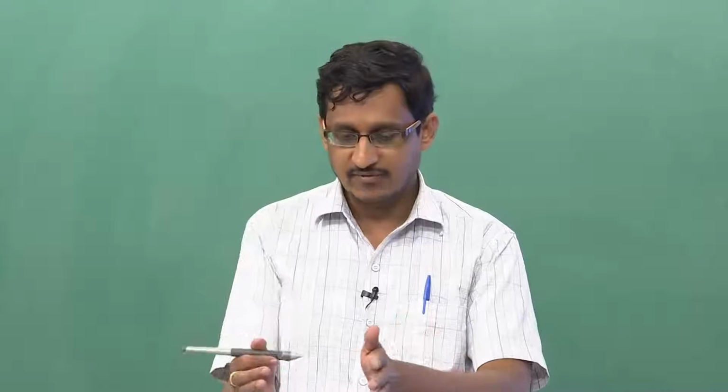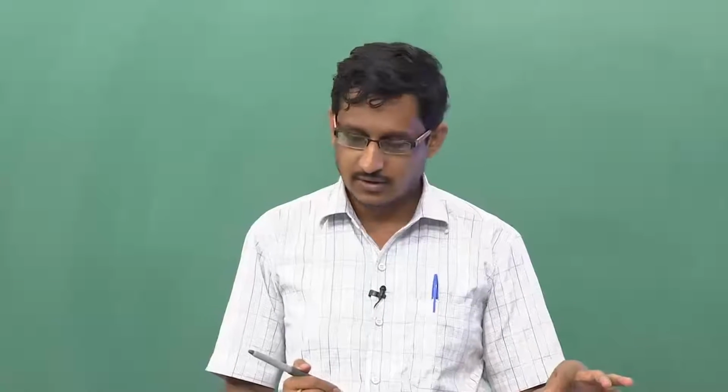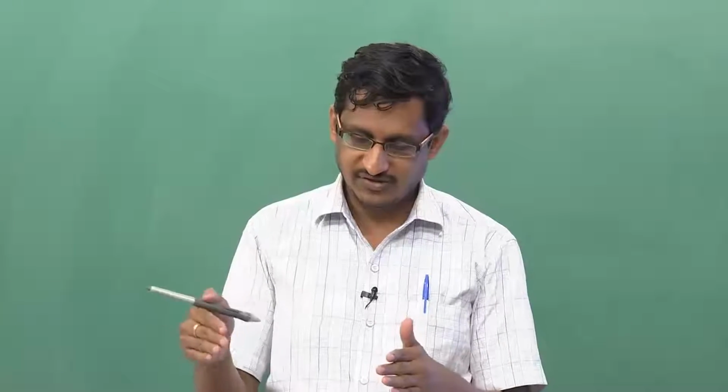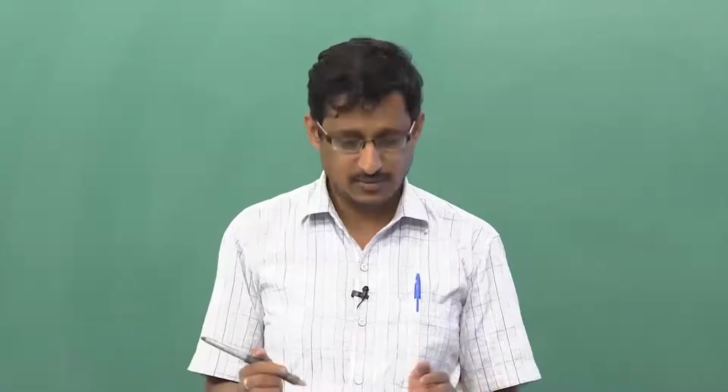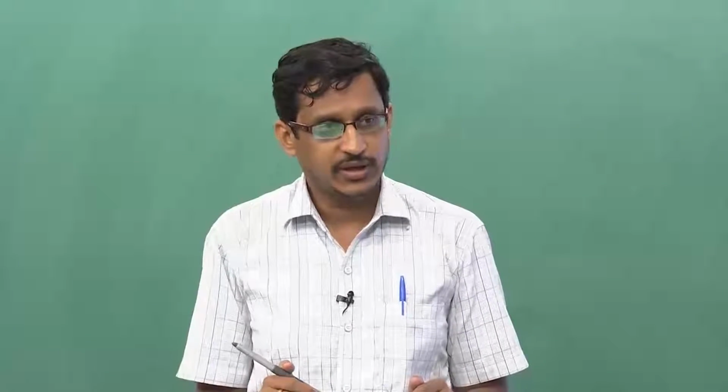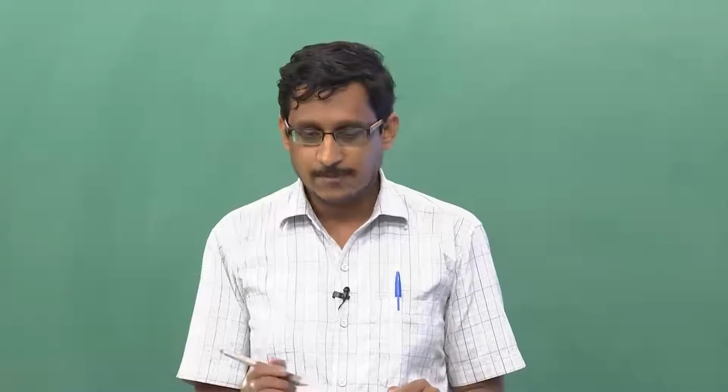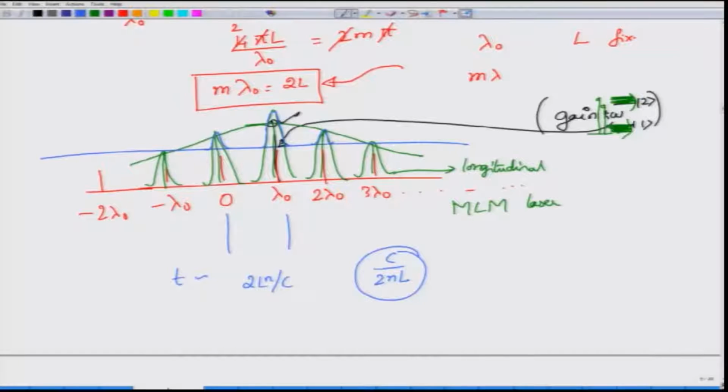So, this cavity has all these modes, which are spaced at c by 2nL. The mode spacing is c by 2nL. These 3 modes are passing the gain threshold, so they are going to exist in this particular laser system, and they constitute what is called an MLM laser.